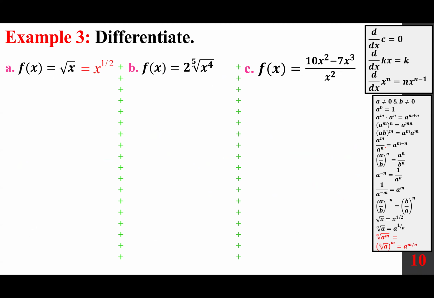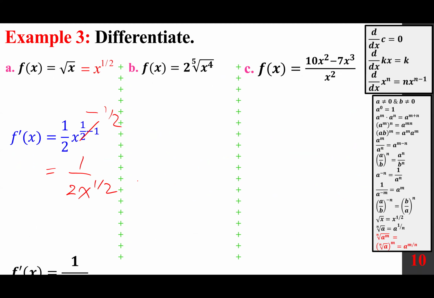So it's 1/2 x to the power of 1/2 minus 1, which makes it negative 1/2, or 1 over 2 x to the power of positive 1/2, or 1 over 2 square root of x. And now, if you look at these rules, we're going to write this as 2x to the power of 4 over 5.